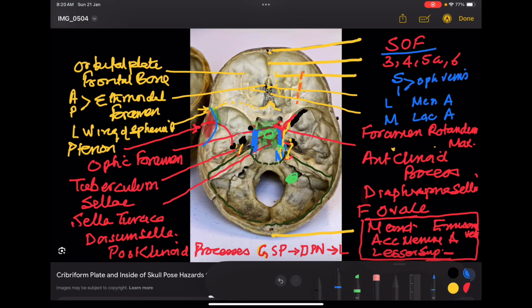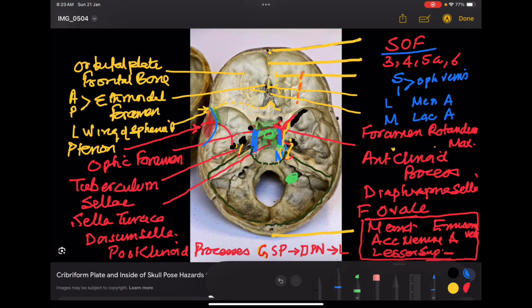So the pupil constricts, then dilates on the left side, and then the right side constricts and dilates, and you have a fixed dilated pupil. That means now your patient is almost brain dead. So this is because of the lateral displacement of the brain.